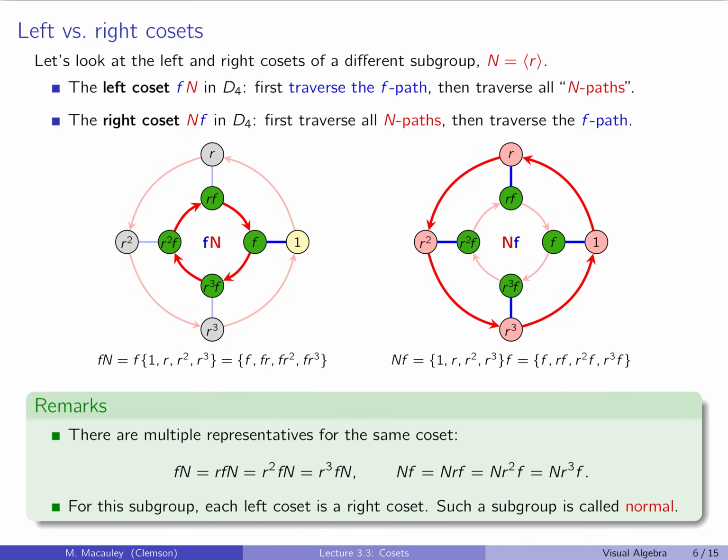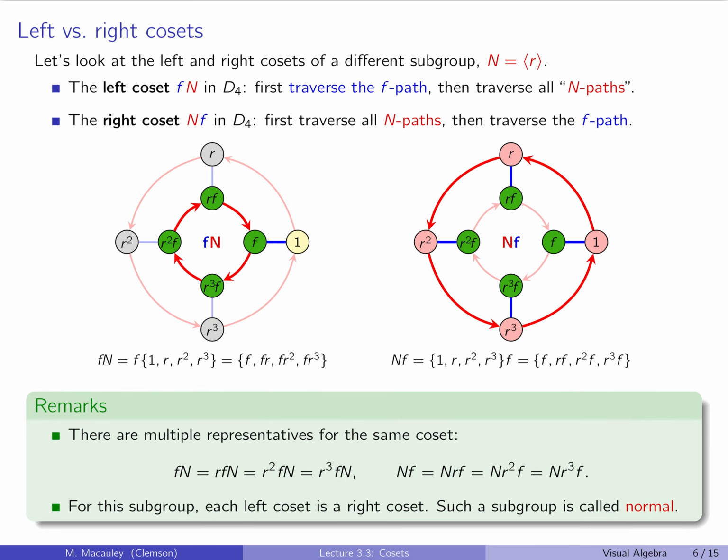Also notice that there are multiple representatives of the same coset. I mentioned this earlier. So FN is the same as RFN, which is the same as R squared FN or R cubed FN. In other words, over here, it doesn't matter whether you start at F or any of these other nodes in the coset. From any of them, if you follow all N paths, you will get back all of them.